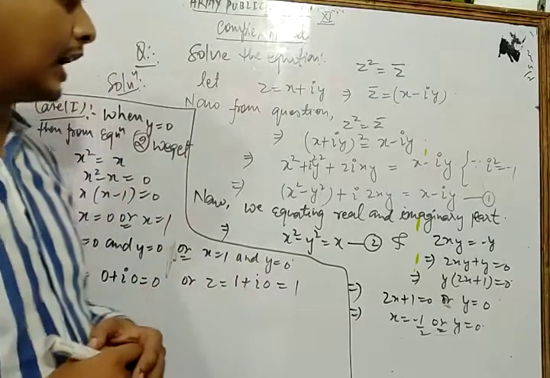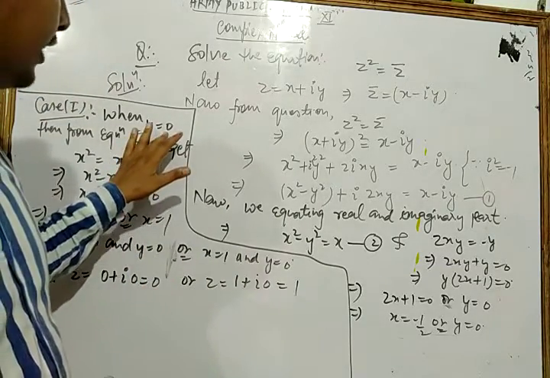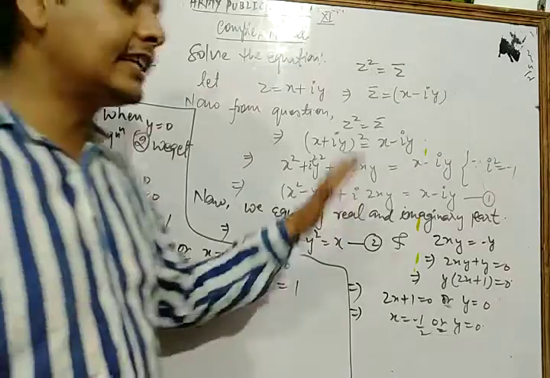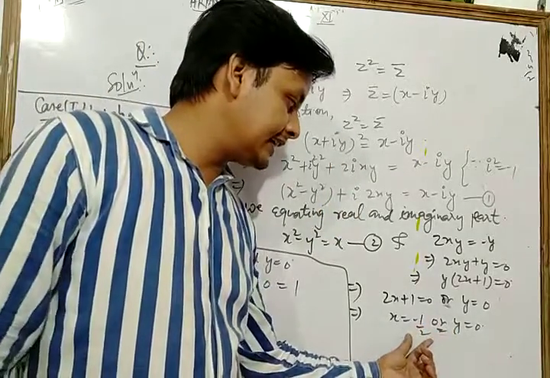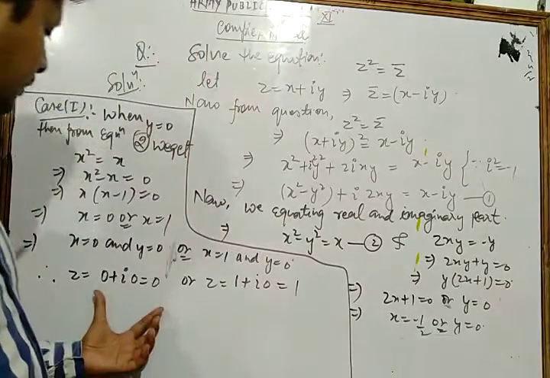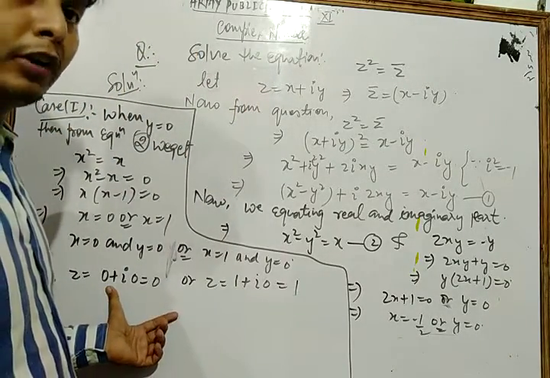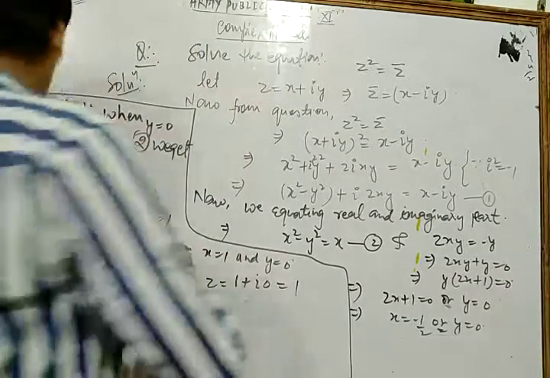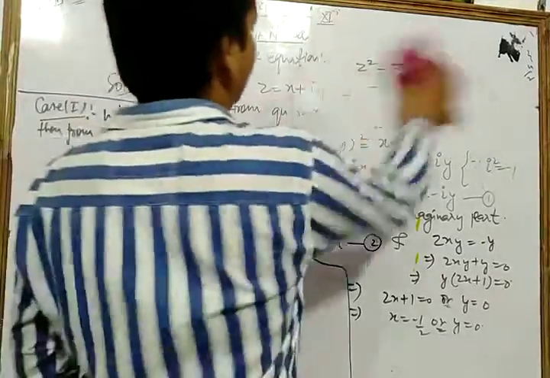Now dear students, so far we took the case y is equal to 0. Now in case 2 we take x is equal to minus 1 by 2, and then we also find the two respective values of z.